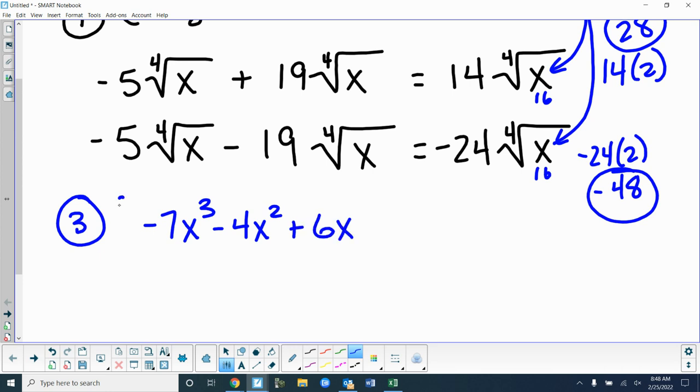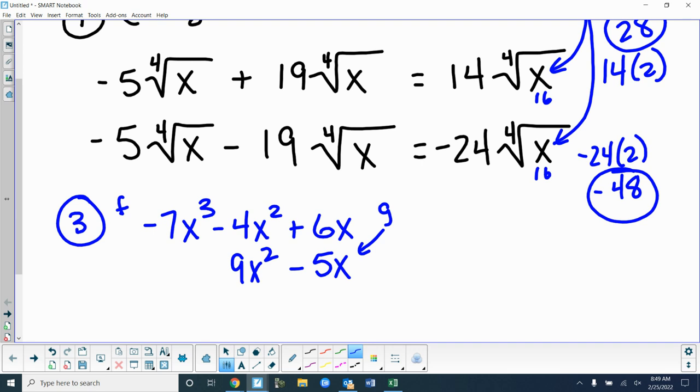That's the F. The G is 9x squared minus 5x. All right, so that's the G. So I'm going to add like terms and subtract like terms, okay?